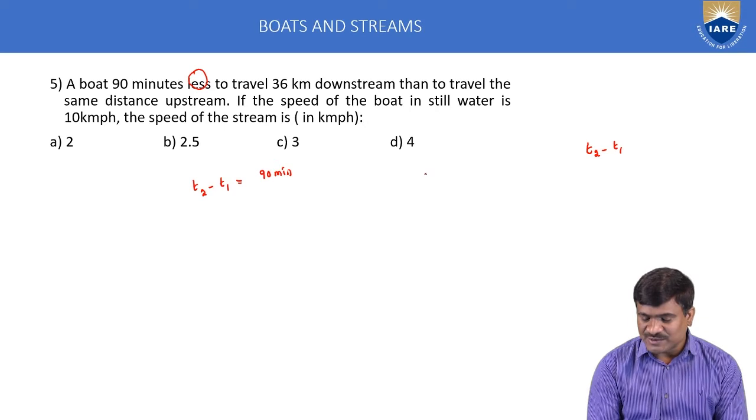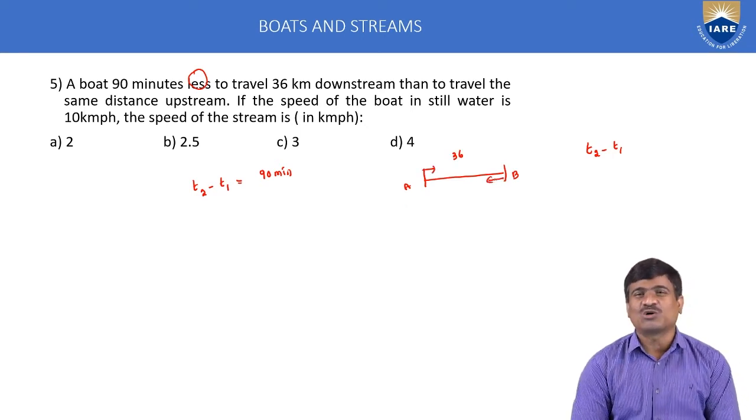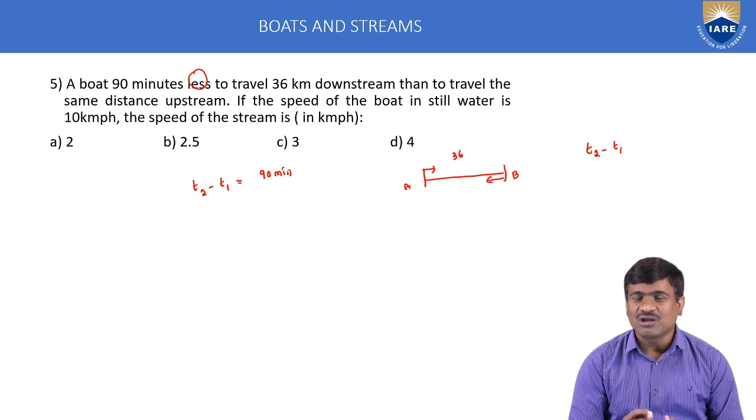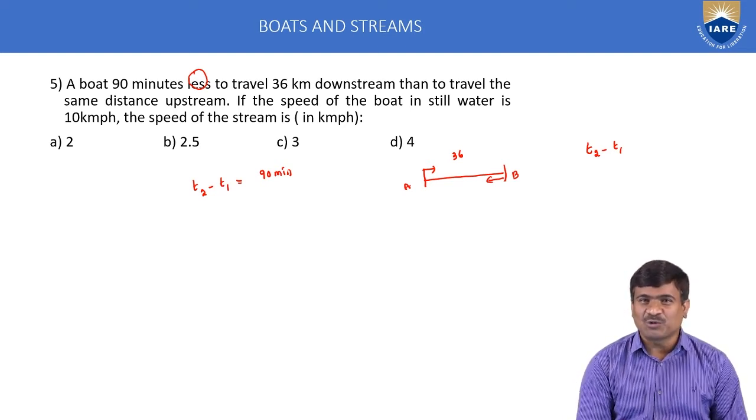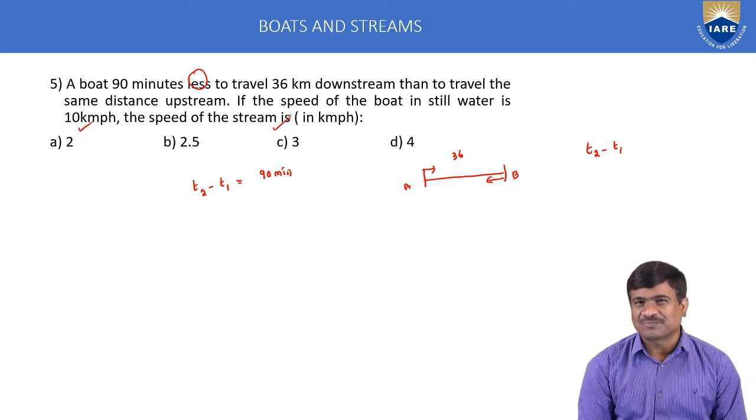Same distance means, suppose consider A to B, station A, station B, a distance of 36 kilometers. A to B is called downstream, B to A is called upstream. Equal distance, that is 36. Downstream distance is equal to upstream distance. Next, the speed of the boat is 10 km per hour. Find the speed of the stream.